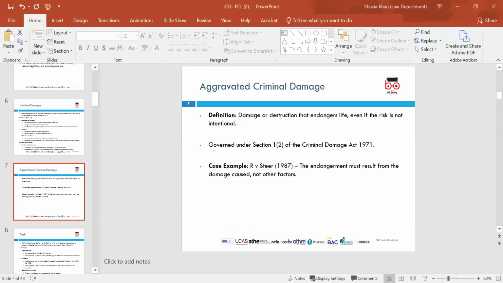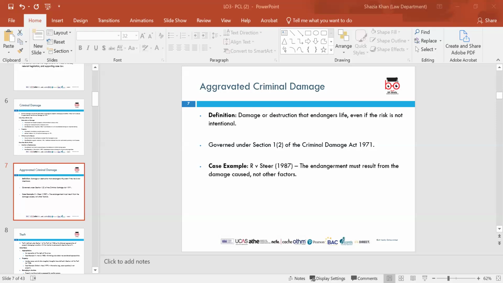The next slide looks at aggravated criminal damage. Aggravated criminal damage is where a person, without lawful excuse, destroys or damages any property, whether belonging to himself or another, and the offence can be punishable by a sentence.